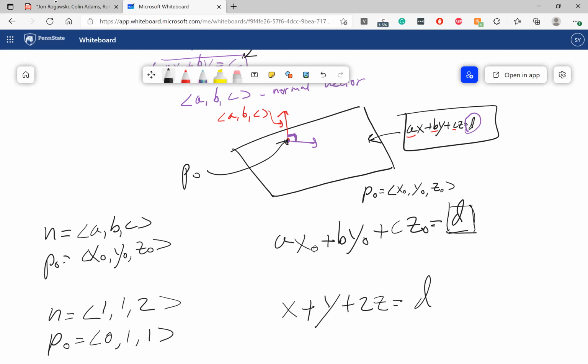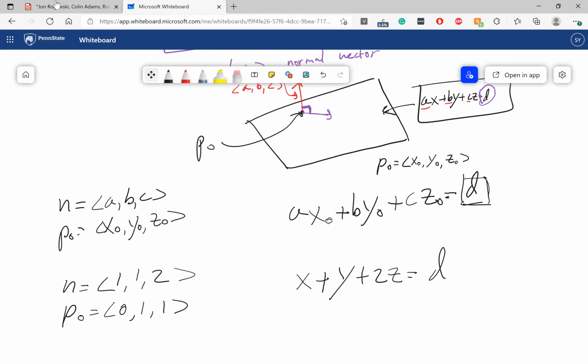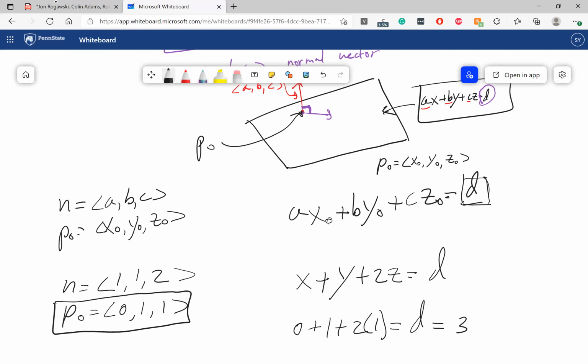I have my A, my B, and my C. Now, what is D? Well, in order to find D, you just plug this point into the equation. So you can say, okay, I know that 0 plus 1 plus 2 times 1 is equal to D, which means D is equal to 3.